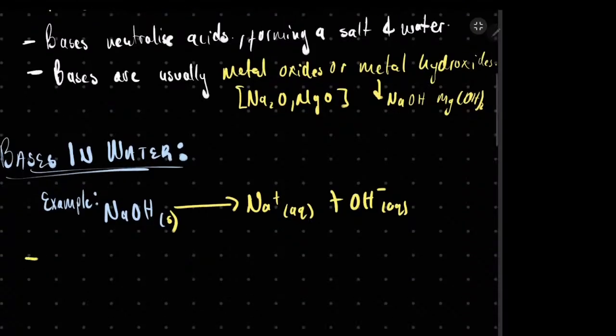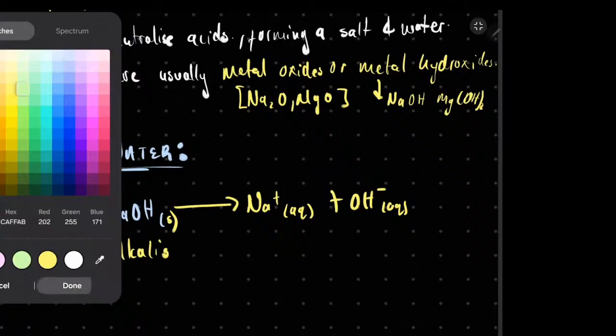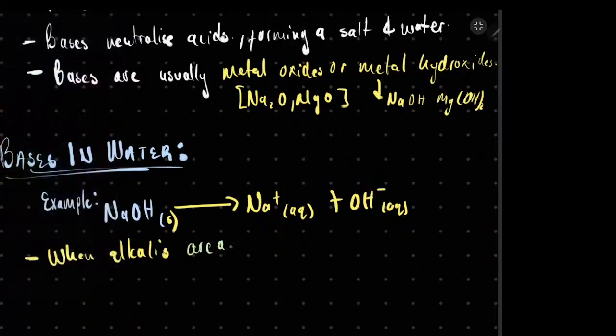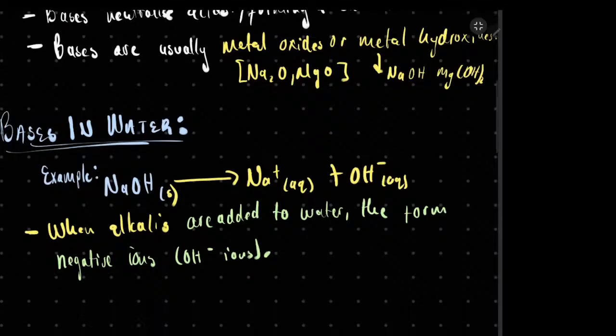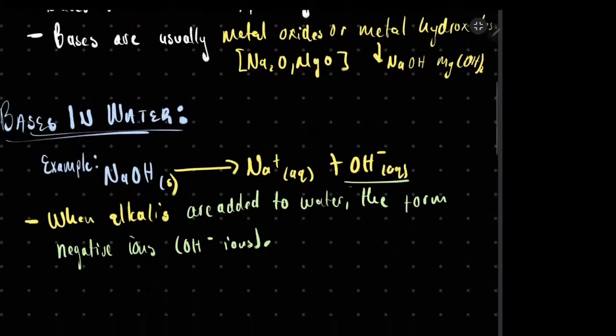And you can now say here, when alkalis, which is the soluble version of bases, are added to water, they form negative ions, which is OH- ions.